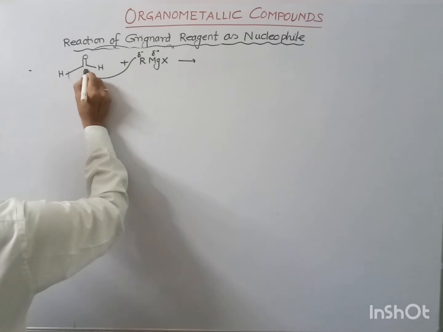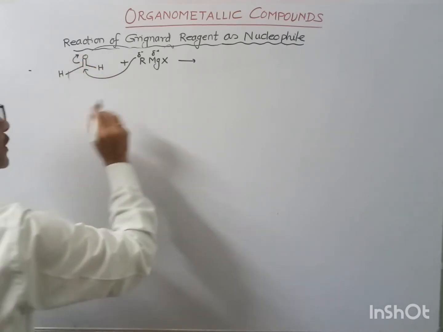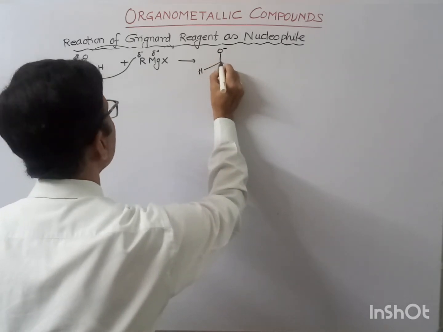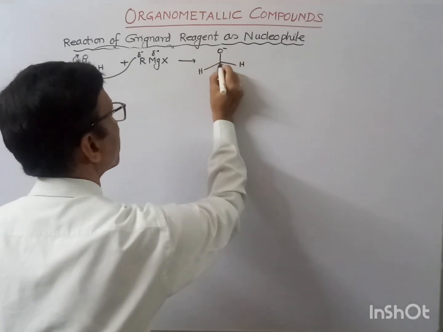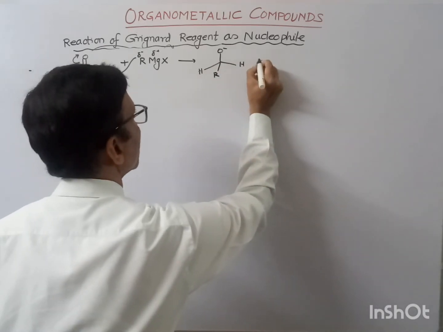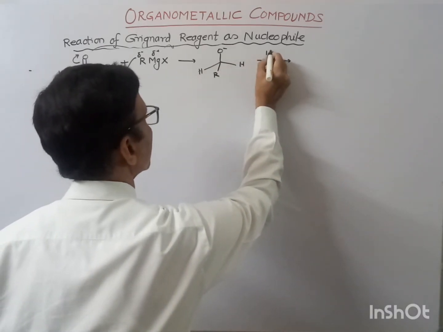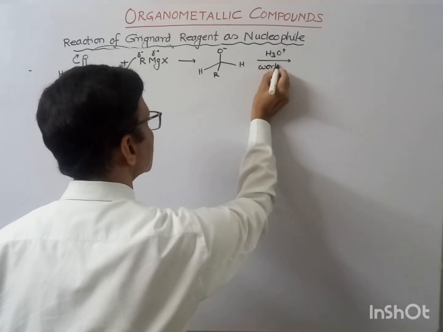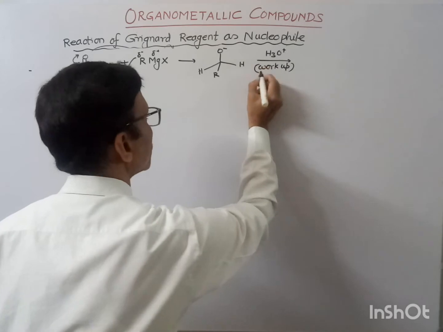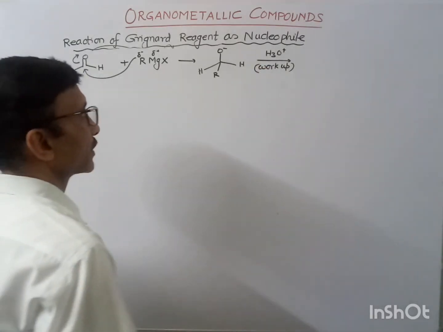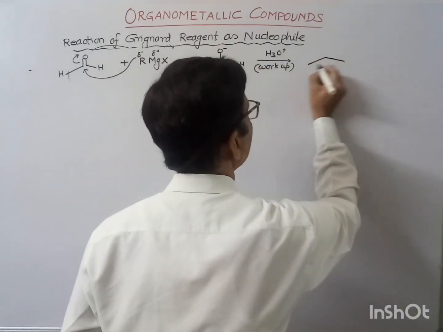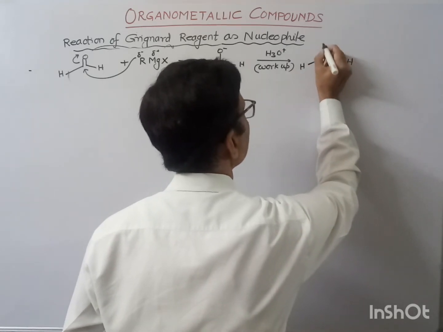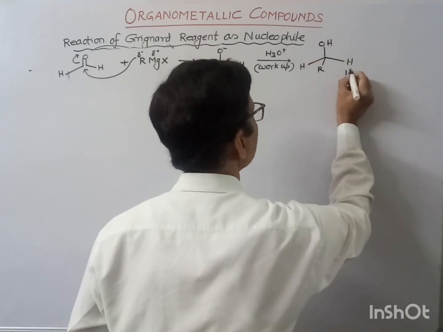So it will attack over here, this pi bond will break, and we will get the product, and in the next step we do acidic hydrolysis. This step is also known as the workup, and after this workup we will get the primary alcohol.